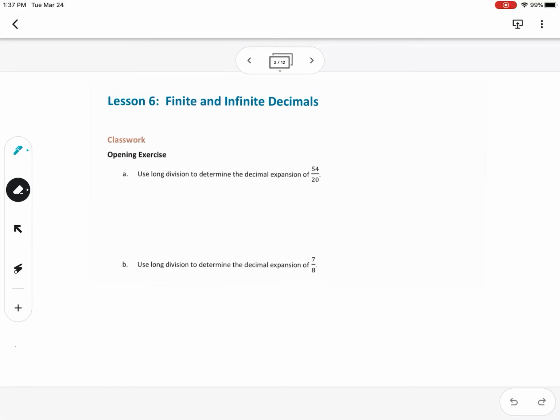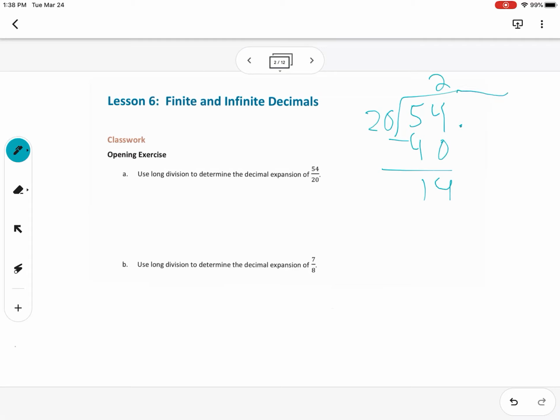Okay, now that you've answered those, I would like you to work along with me and check your answers. So for the first one, this is 54 divided by 20. All right, 20 goes into 54 twice. And 54 minus 40 is 14.